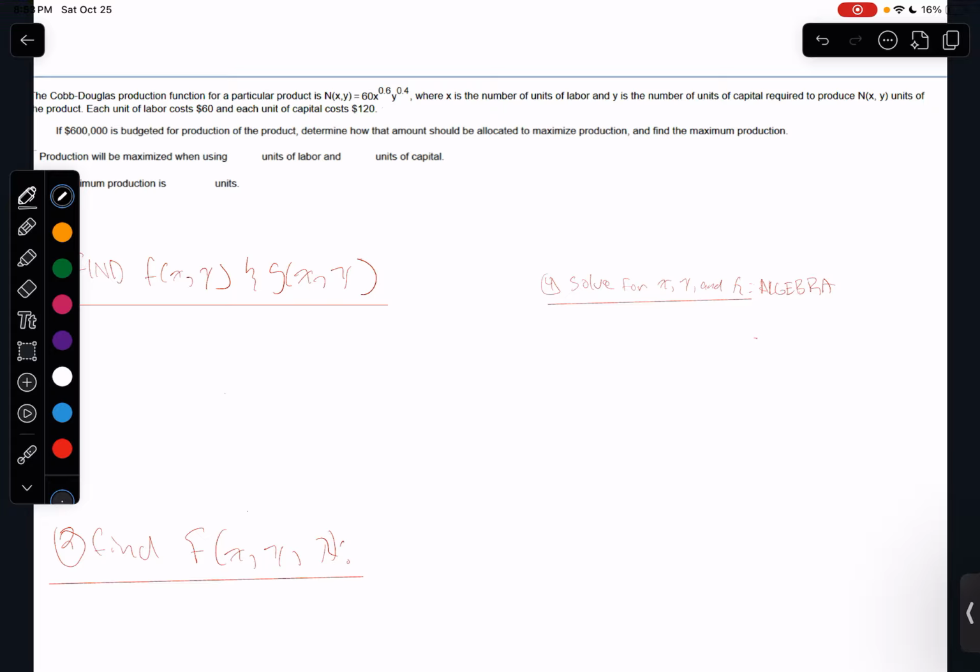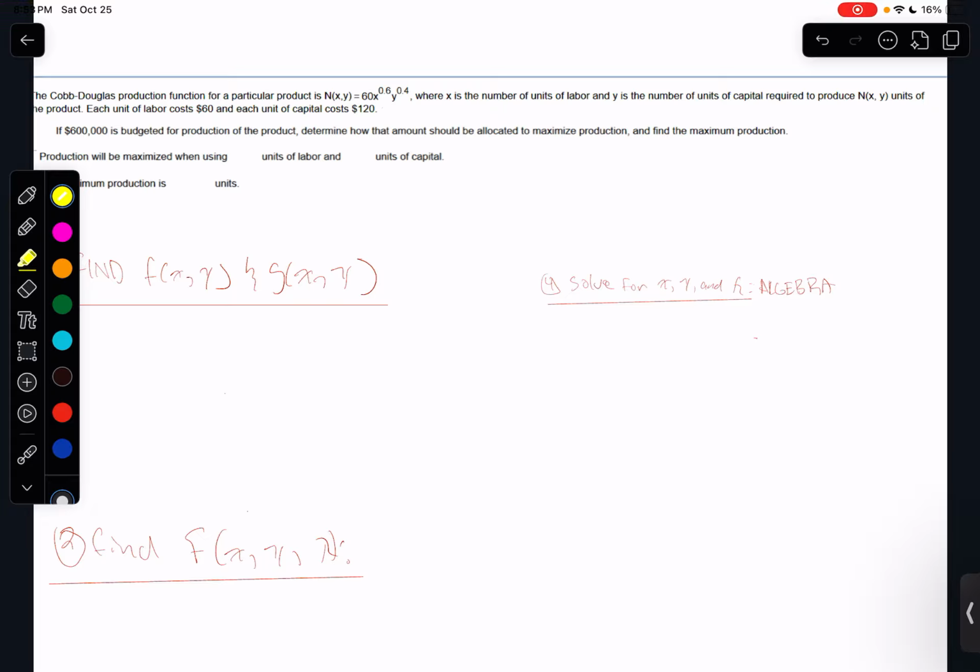Each unit of labor costs $60, and each unit of capital costs $120. If $600,000 is budgeted for product production, determine how much should be allocated to maximize production and find the maximum production.